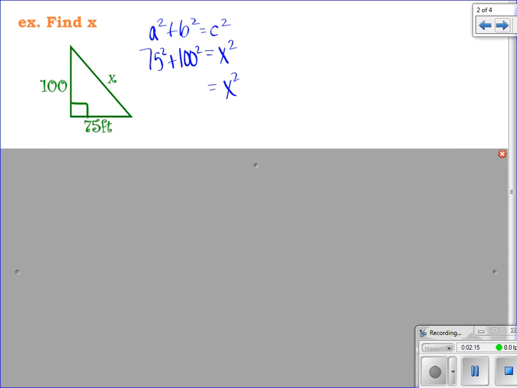Somebody help me out with 75 squared. Okay, so now we have these two numbers over here, so we should combine like terms, put those together.